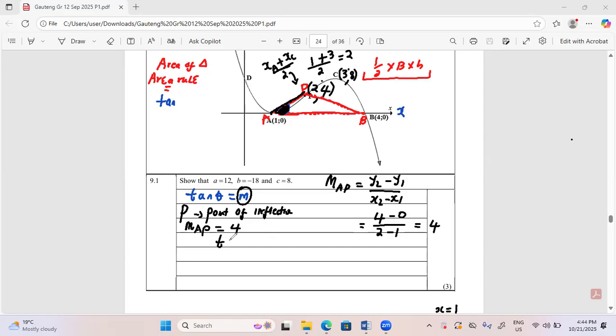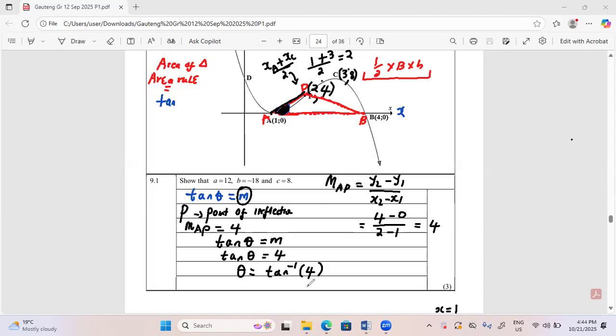So we're going to say tan theta equals m. Tan theta equals 4. Then you're going to do the second function of tan, so theta equals the second function of tan. I will need to use my phone here.